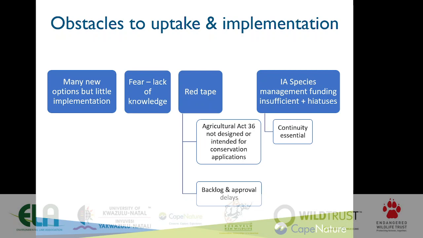Last, but certainly not least, is funding. Sufficient funding to eradicate, or at least successfully control, invasive alien species is seldom available. Furthermore, this funding needs to be consistently and regularly available over time. Any hiatus in funding can lead to the species returning to pre-control levels and can ruin chances of a control program's success.